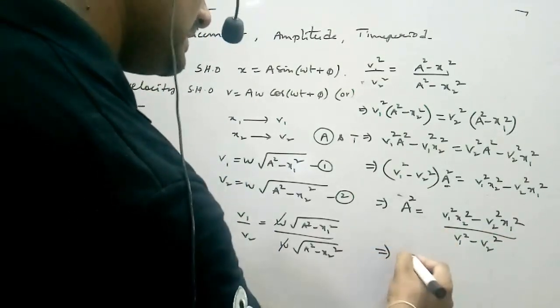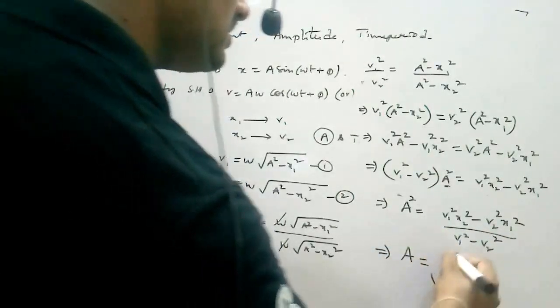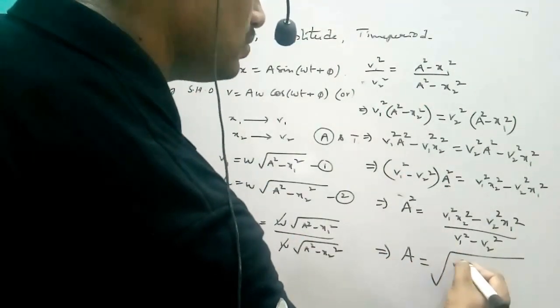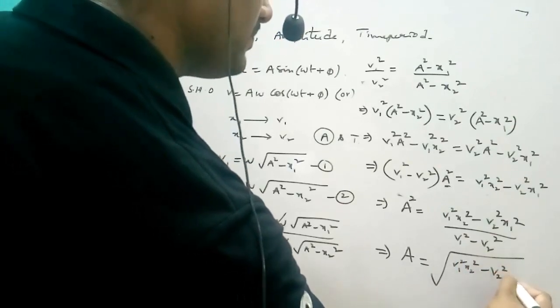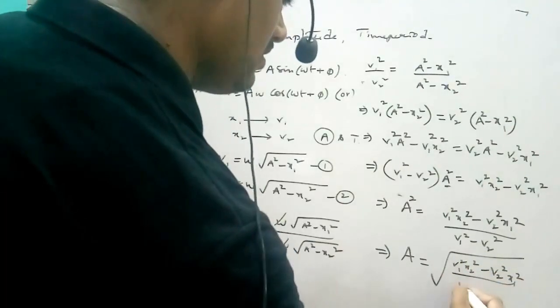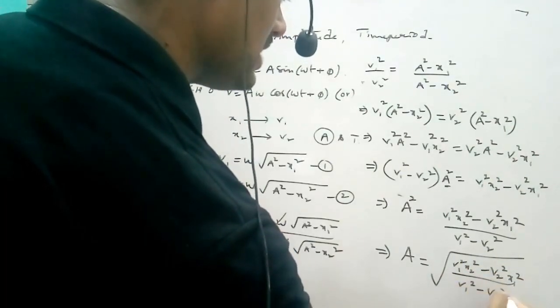So the amplitude of the oscillator is under root of v1 square x2 square minus v2 square x1 square by v1 square minus v2 square.